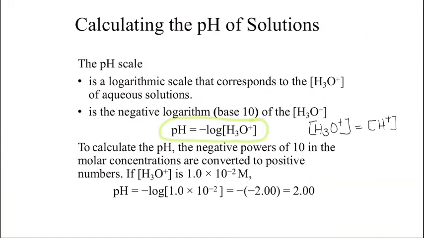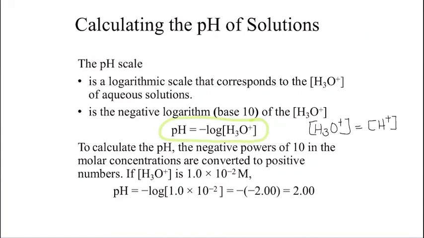Now, for measurements in which you have a coefficient of 1.0 times 10 to a negative value, okay, only for measurements where the coefficient is 1.0 or 1.00, it is easier to find the pH value, because the exponent in the power of 10 corresponds to the value of pH.